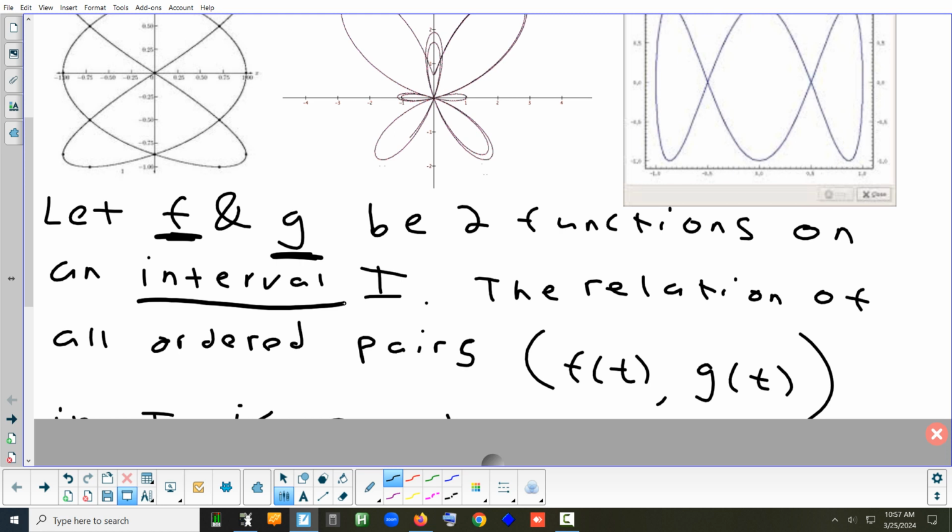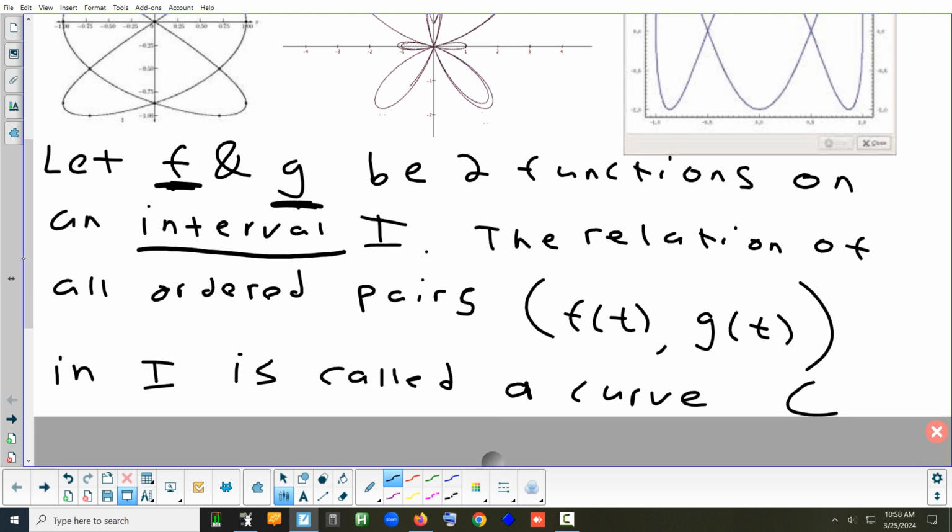In parametric, there's this idea of an interval. The interval is basically the domain. It's the numbers that you are plugging into your formula. Which formula? Both formulas, the formula for the x's and the formula for the y's.